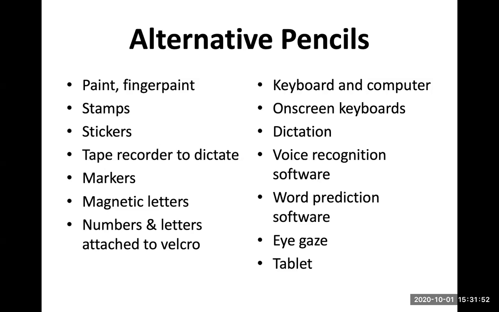And some of our children have quite challenged motor skills, and so we will want to look at assistive technology to become an alternative pencil for them. But when they're young and they're beginning to develop those fine motor skills, we also need to supplement with these alternative pencils.